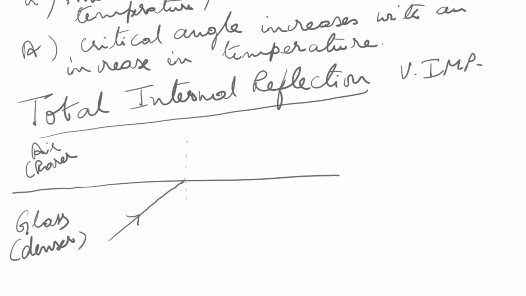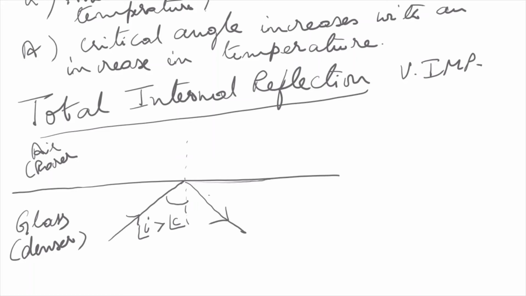Now, if the angle of incidence is further increased to greater than C, suppose here angle I is greater than the critical angle, then when angle I is equal to critical angle, the refracted ray is going like this with angle of refraction as 90 degree. Now the ray will bend towards the same medium. It will bend like this inside the same glass medium, getting reflected, isn't it?